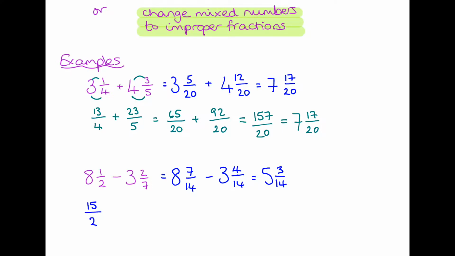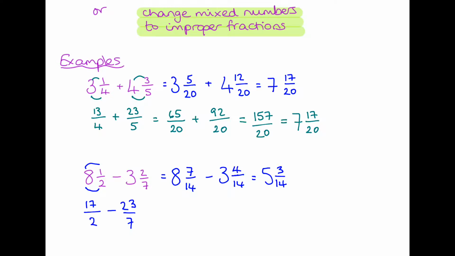Then 3 2/7ths, 3 7s are 21, add the 2, makes 23. Did you spot that strange mistake I made there? The 8 2s are 16, add 1 is 17, not 15, silly me. So we've got 17/2, take away 23/7.